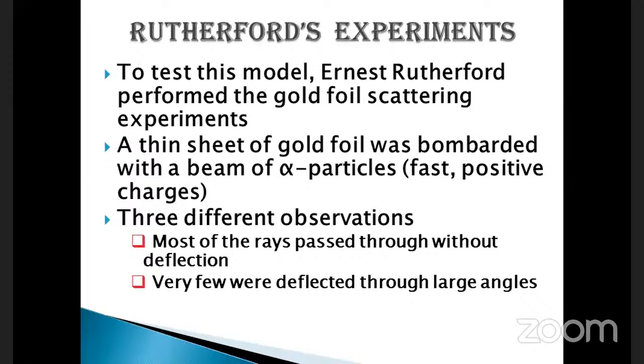So the positive charge is what is deflecting them. Two positive charges will not attract. Then lastly, some rebounded. The ones that rebounded must have hit something very solid, something hard and positive.